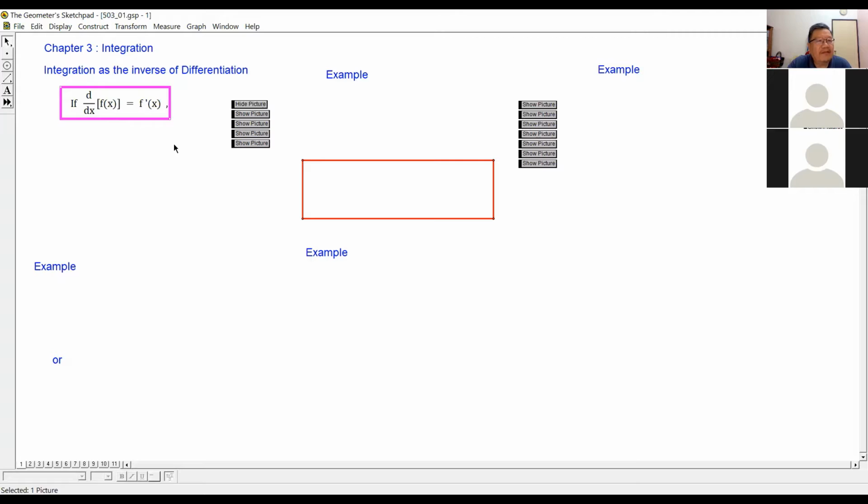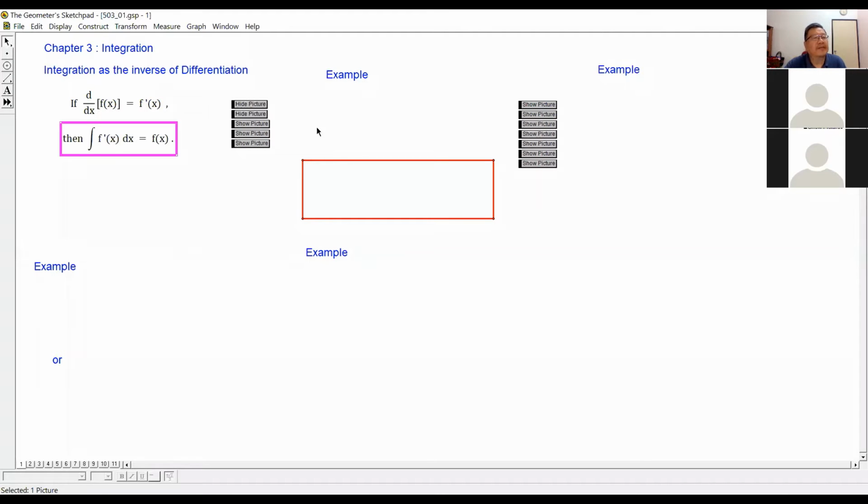So if we have a function f(x) and you differentiate f(x) with respect to x, so d/dx of this f(x), the derived function we call f prime x. So actually we have two functions there: one f(x) before differentiation, another one f prime x after differentiation.